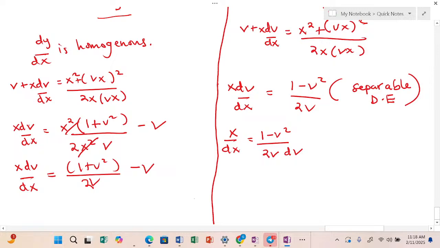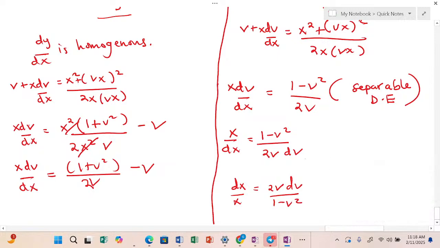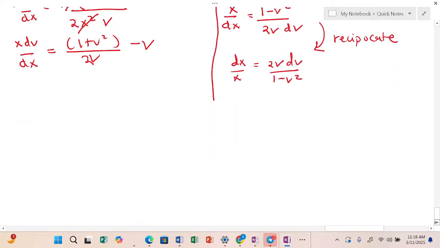What we have to do is reciprocate it. When we reciprocate, we get dx over x is equal to 2v dv over (1 minus v squared). That is after reciprocating. Nothing has changed here.